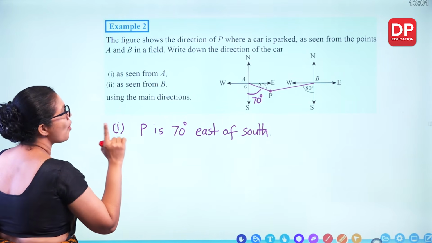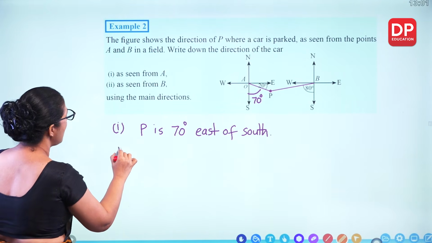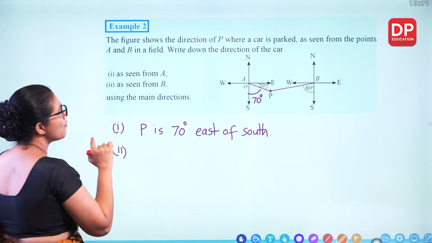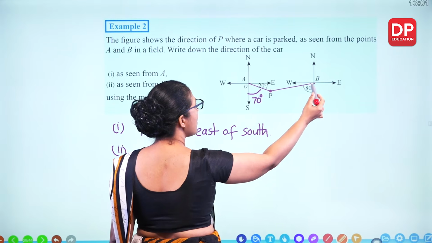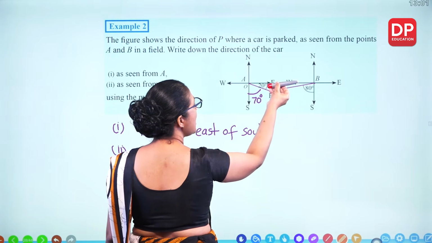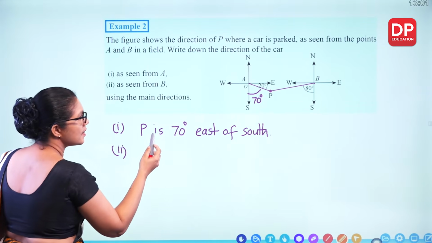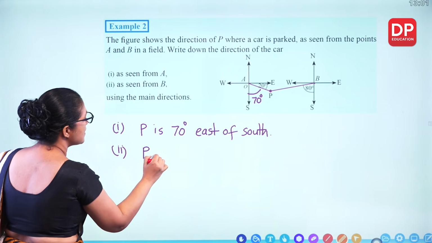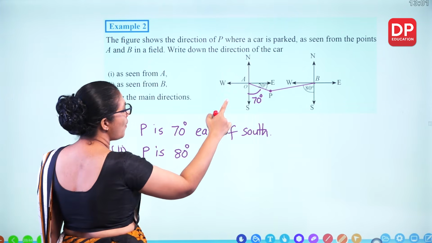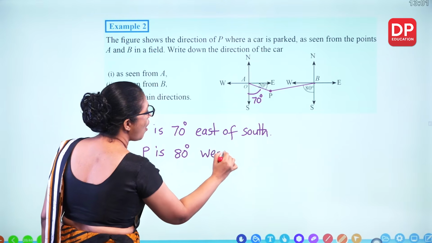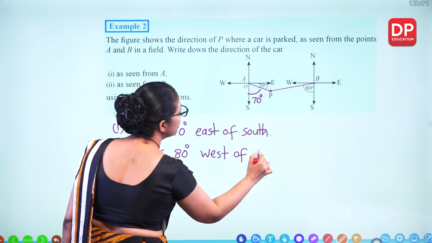When you look from B, how can you write? As seen from B, from here, I can write from south 80 degrees towards west. So P is 80 degrees west of south.